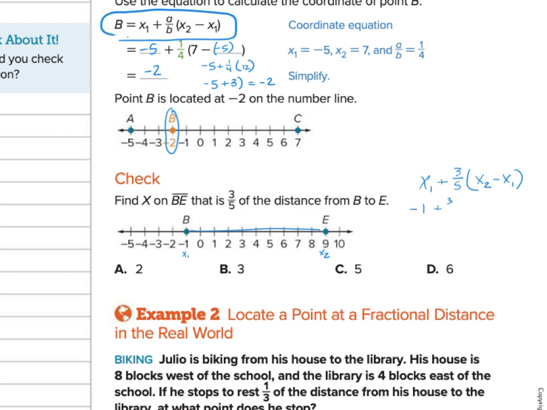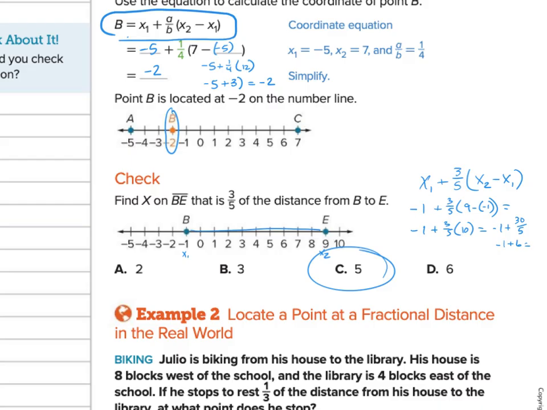-1 plus 3/5 of 9 minus -1 equals -1 plus 3/5 of 10, which is equal to -1 plus 30/5, which is also 6. So -1 plus 6 is equal to 5.